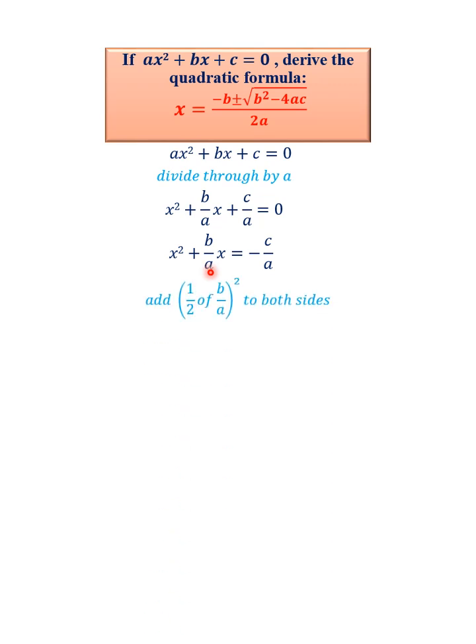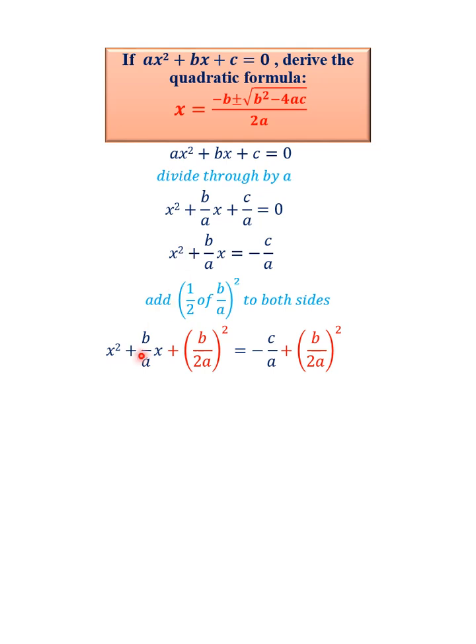This is what I mean. We will add half of b all over a, squared, to both sides. We take the middle coefficient b all over a, we take the half of it, square it, and add that half of b all over a squared to both sides of the equation. And this is what it becomes.